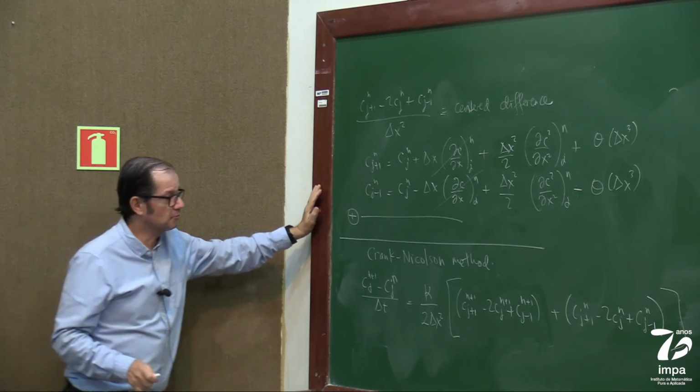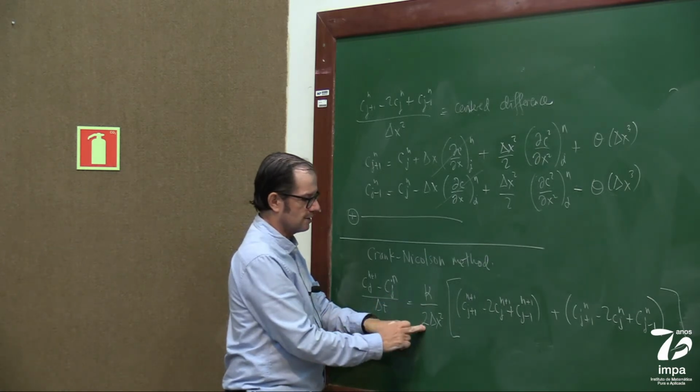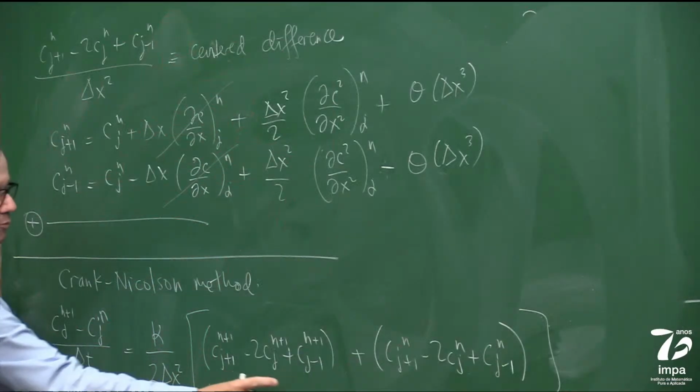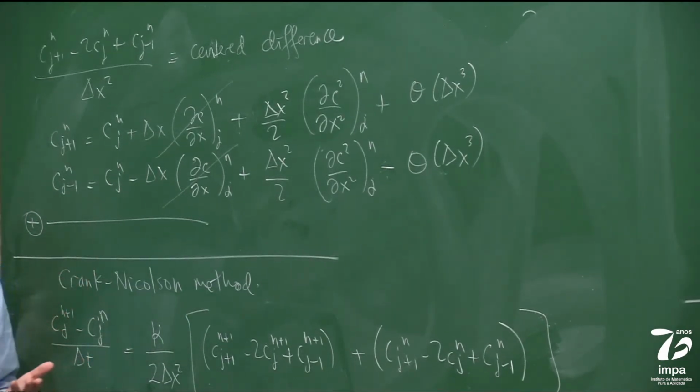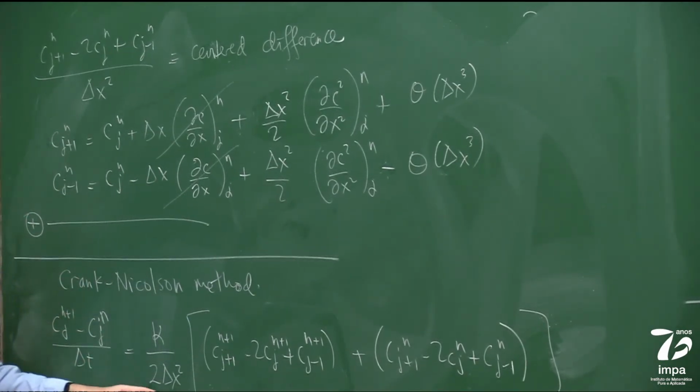Trapezoidal rule, right? Just, this is 1/2. You can put this here. Put here is 1/2 of the right-hand side. Right? So it's implicit now.